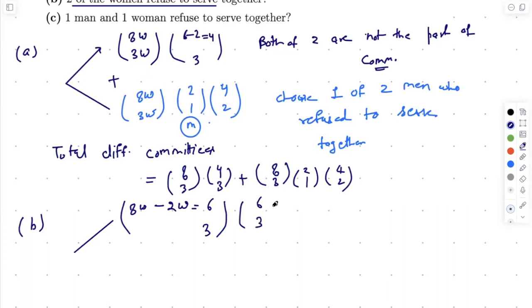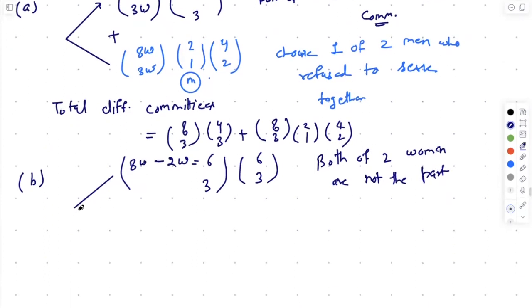Let me just take 3 of them. So in this case, both of the 2 women who have an issue are deleted. They are not part of the committee. Any doubt?